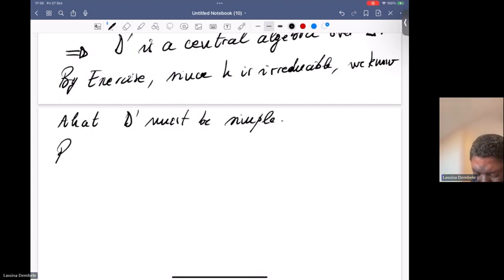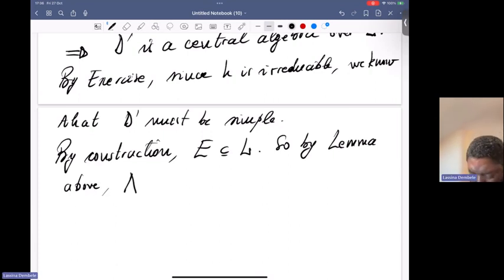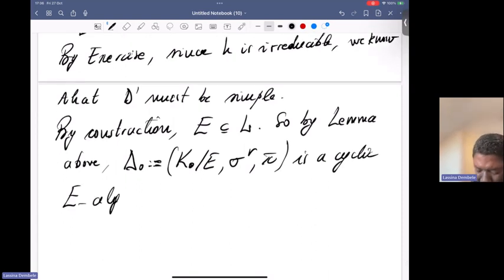So by construction, we know that the field E is contained in L, and so by the lemma above, we know that delta 0, which is K0 over E, sigma R and pi, is a cyclic E algebra contained in D prime.